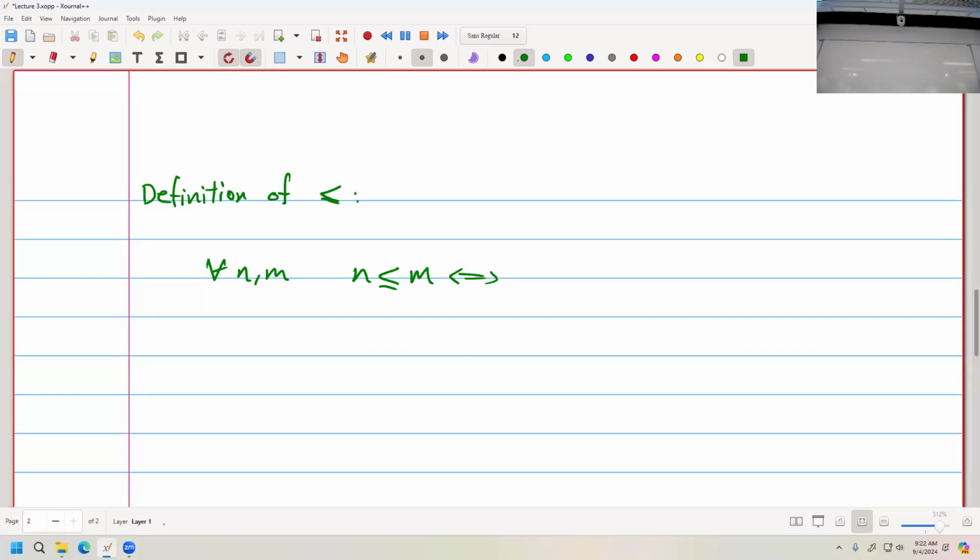I can say if there exists another number that I can add to n, and that would give me m. So if there exists some x, and again, my universe is natural numbers, such that n plus x is m. Because I have addition, I can use addition in the definition of comparison. Now, there are better ways of defining this too, subjectively, but this is one way that will define it.